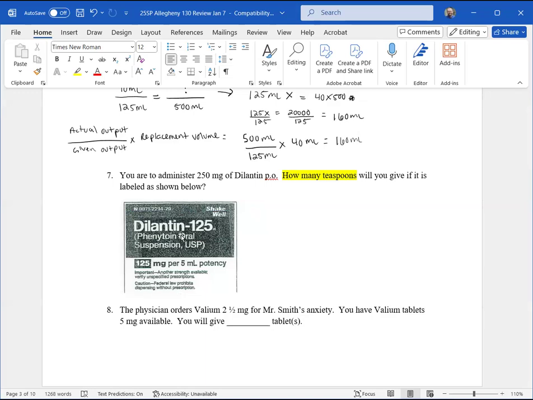So that might be the only thing that's different. And then you would just do what you hopefully already know how to do. You take the milligrams, the order over the available, and then times the quantity, and you're answering that question just fine. And then anytime you see Dilantin, just make sure: are they asking for teaspoons or are they asking for mL? Got it.